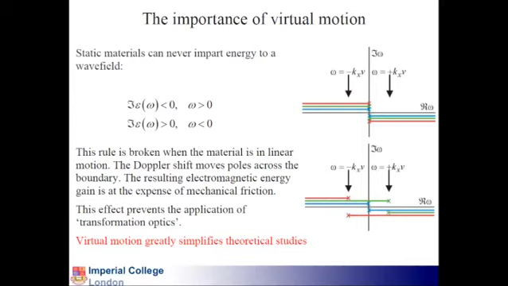That is important because it means that a stationary passive medium cannot put energy into the system, and can only give loss. But once you start moving that medium around, you find that these poles are doubly shifted, and that's only with linear motion. So you can imagine, with a complex motion, what a mess these poles are to consider. So it's a huge theoretical simplification to take these systems which are in apparent, virtual motion.